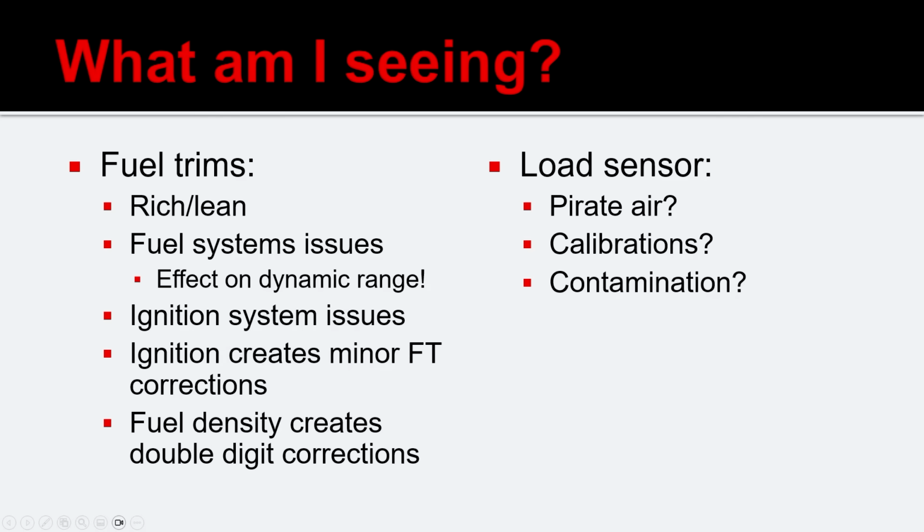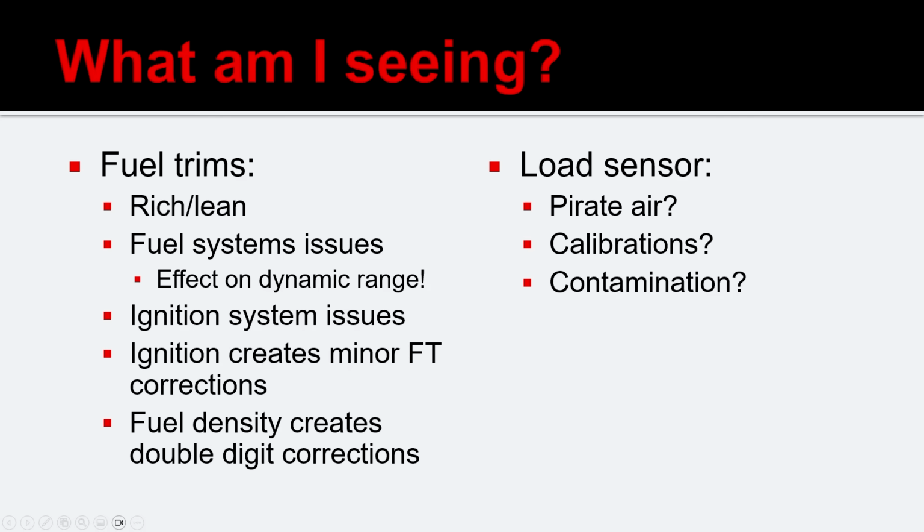Some of the indications I get off of that: is there any type of pirate air getting inside the engine? Is there a vacuum leak that's causing it to run rich or run lean, or whatever the case happens to be? Are there possibly contaminated hot wires associated with it? The calibration of the mass airflow sensor itself, right? Again, we're going to go into greater detail with some of this stuff as we go on here.